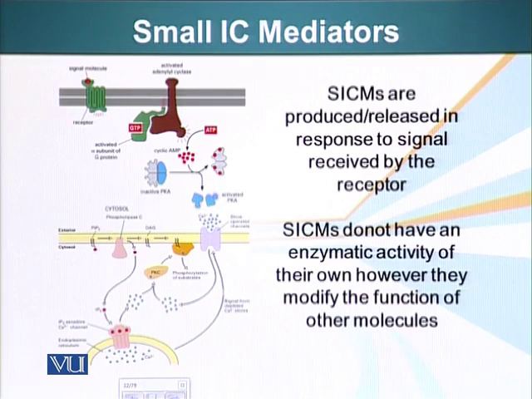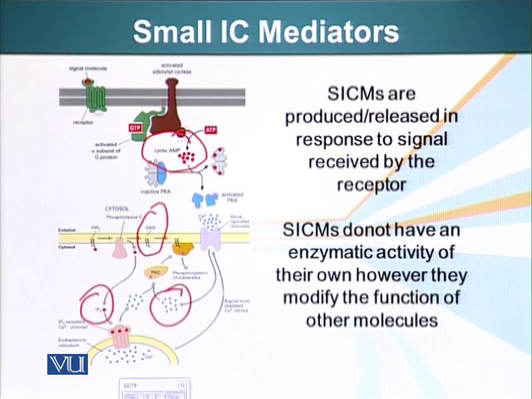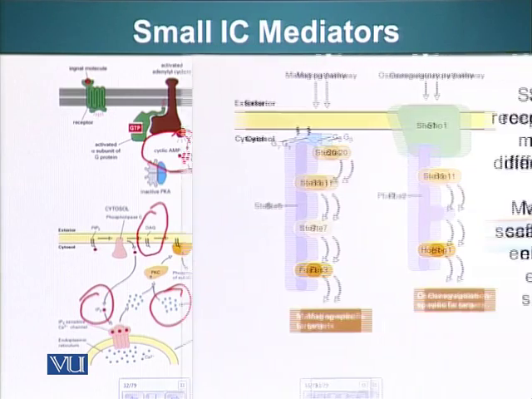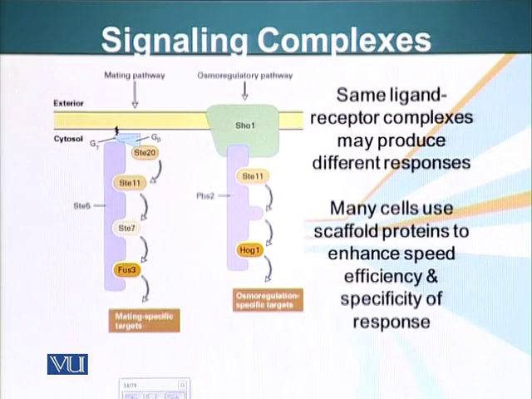Some of the small intracellular mediators we will be talking about in great detail are cyclic AMP, right here, DAG, diacylglycerol, inositol triphosphate, and of course calcium. These are small molecules that do not have any enzymatic activity of their own, but they activate or deactivate enzymatic activity of other molecules.